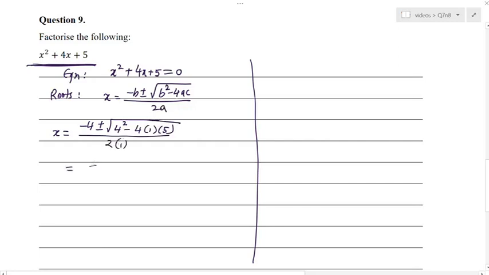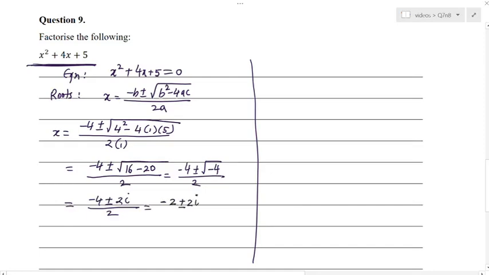So that gives you minus 4 plus minus square root of 16 minus 20, upon 2, which gives you minus 4 plus minus square root of minus 4, divided by 2, which gives you minus 4 plus minus 2 iota divided by 2, which gives you minus 2 plus minus iota.